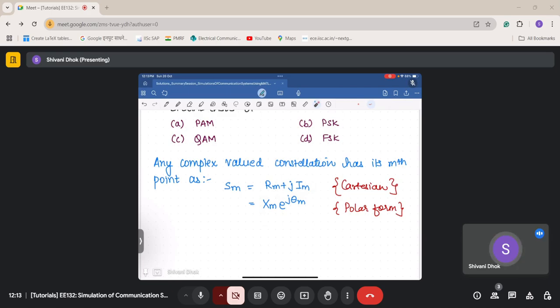Okay, so now by modifying this, you can generate any possible complex valued constellation, and we have seen that this particular notation corresponds to your QAM constellation, or even this representation is for QAM.